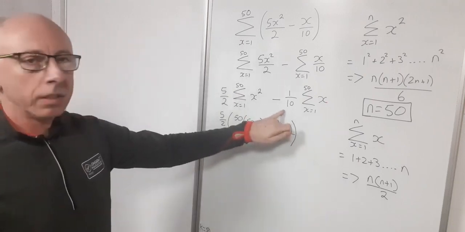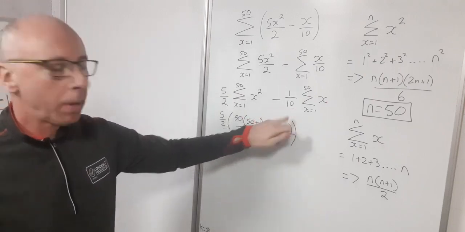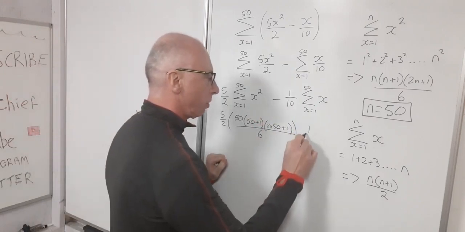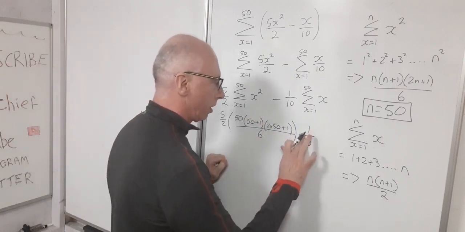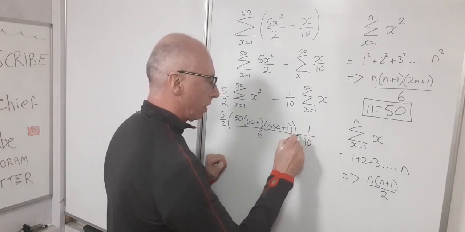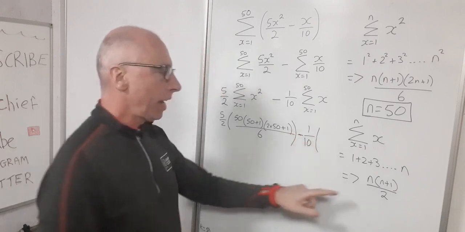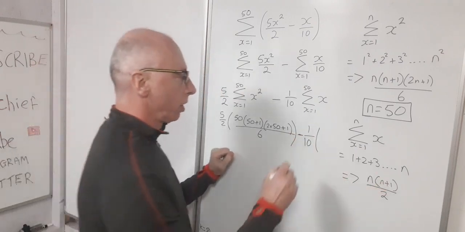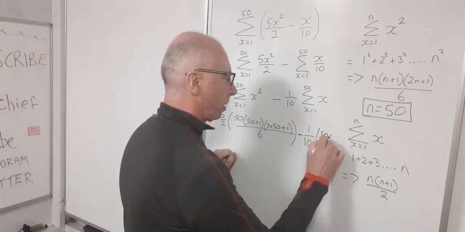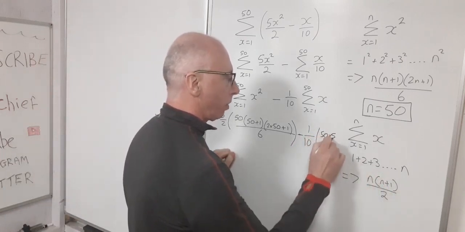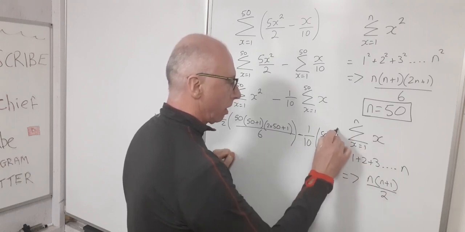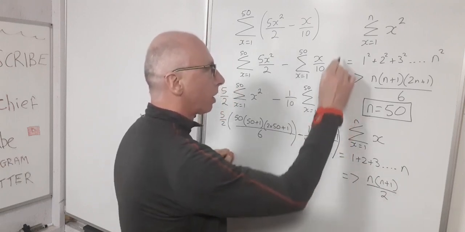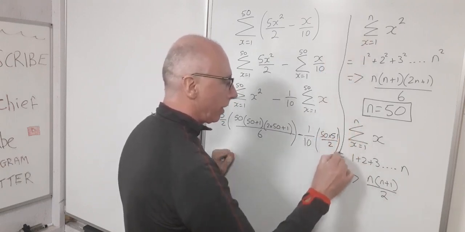And then we'll subtract this one multiplied by 1 over 10. So minus 1 over 10, and then multiply that by n times n plus 1 over 2. So 50 times, let's go straight in with the 51 here, running out of space. That takes care of that one. Let's put a line down there to keep that separate.